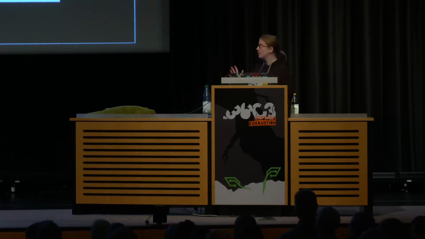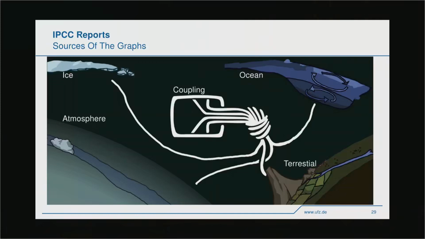So it's more or less like something like this. So we have a model for ice, we have a model for atmosphere, for ocean, and for terrestrial. And this is coupled, so they all send their data to a coupler or something, and that's set as an input to the other model. So this is more or less like how climate models look.